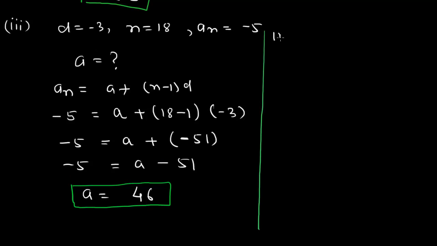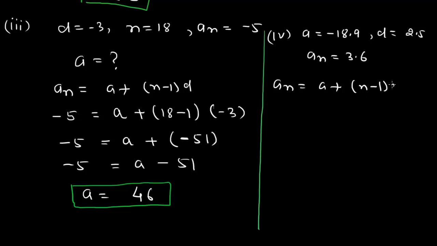This is the fourth part of the question, and in this A equals minus 18.9, D is given 2.5, AN is given 3.6, and we have to find out N. We shall use the general term of the AP once again, AN equals A plus N minus 1 into D. So we can put the values of A, D and AN. AN is 3.6, A is minus 18.9, and D is 2.5.